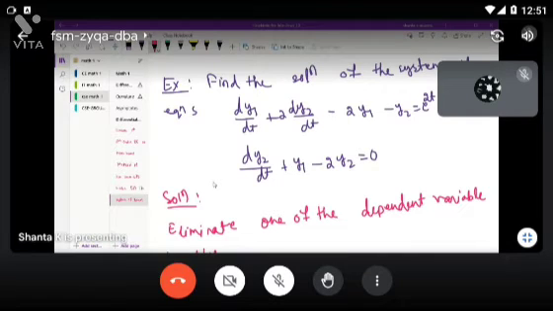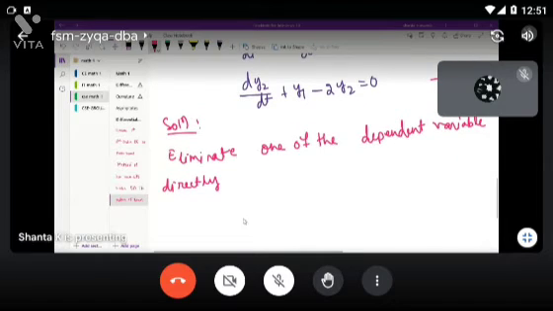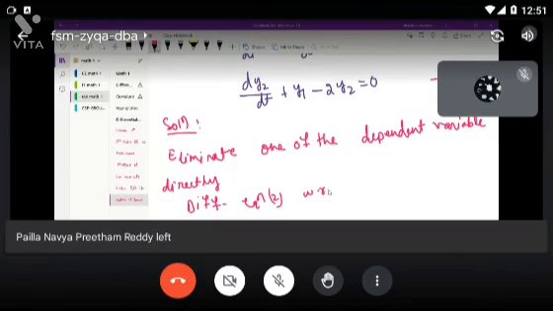Let's make this equation 1 and this equation 2. Here we will differentiate equation 2 with respect to t.